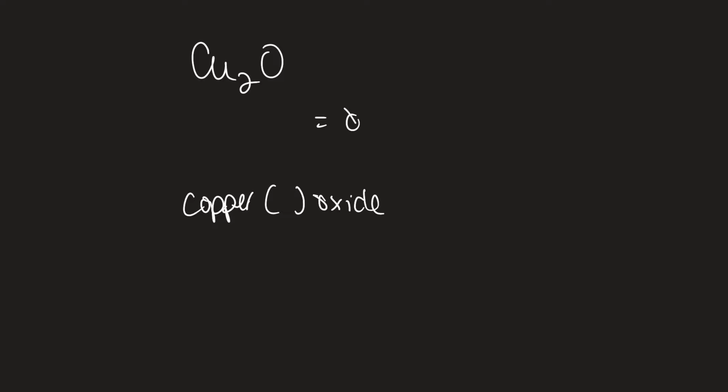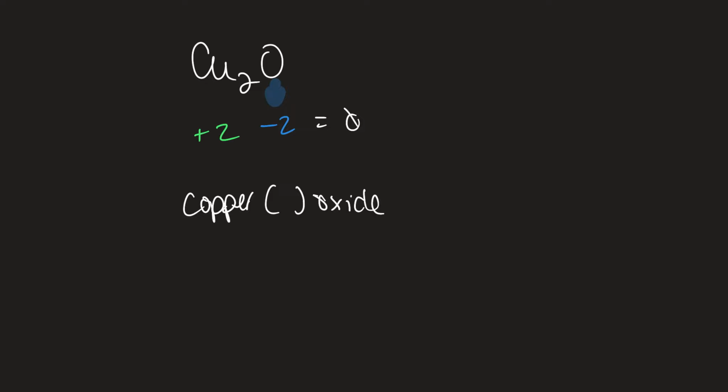We know that the chemical formula's overall charge is 0, and the charge for oxygen is -2. So what minus 2 equals 0? Well, it has to be plus 2.